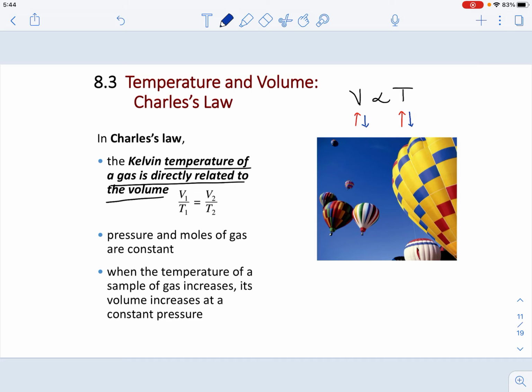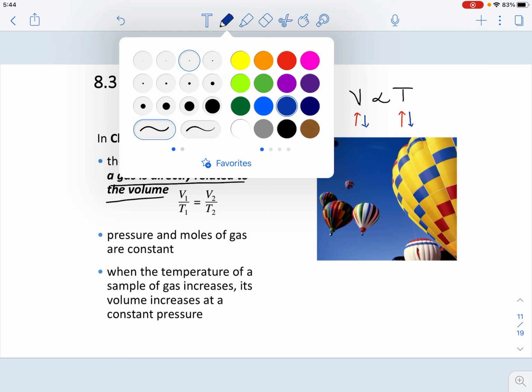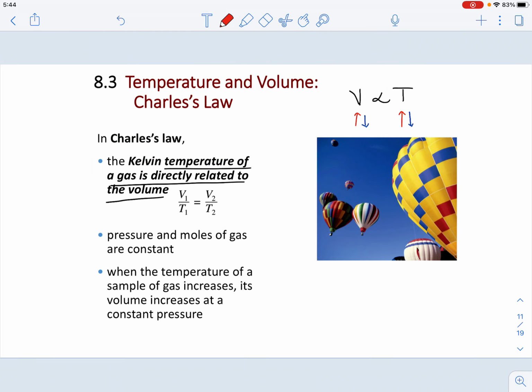Now, understand that whenever we have a Charles law problem, the temperature must be in Kelvin. So you must convert your temperature units to Kelvin. The equation that is utilized for Charles law problems is V1 over T1 equals V2 over T2.